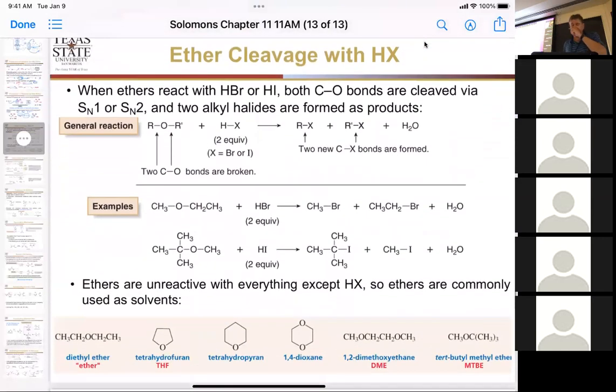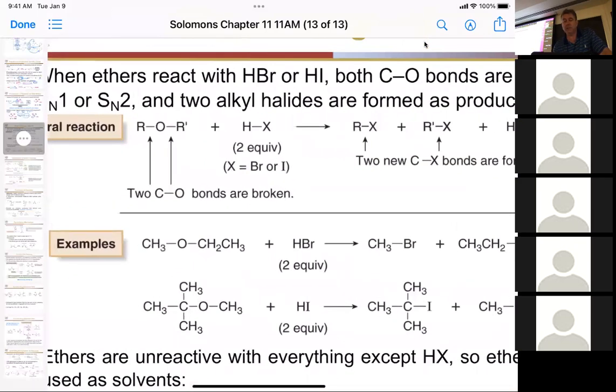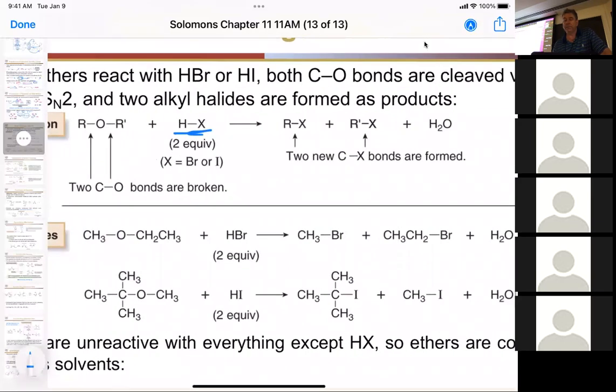So I said before that we like ethers because they're very hard, very insensitive to acids and bases. Well, you can get HI and HBr to react to cleave that. It's not easy, but you can. In general, you actually end up needing 2 equivalents of HI or HBr, and you can actually remove the water.